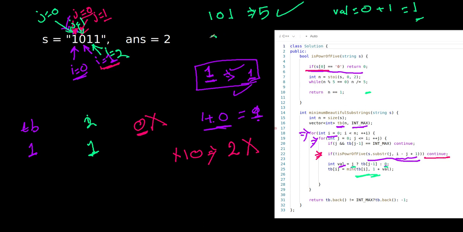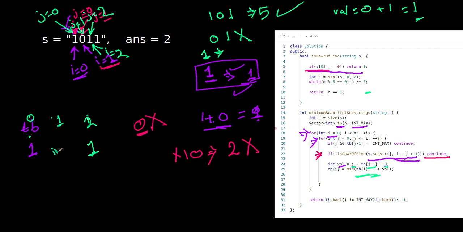From 1 to 2 we have the string 0 1, and this has a leading 0. J equal 2 has the substring 1, and this is a power of 5. Now we need to check what is in the table at j minus 1. So j minus 1 is 1, this is 0, this is 1.